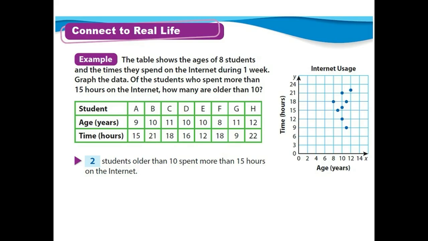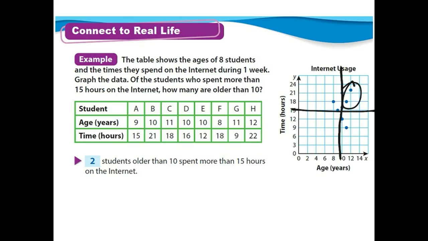So here's the age 10. So of the students that spent more than 15 hours on the internet, well, they'd have to be above here. How many are older than 10? That's where they get it. 2 of them right there. So 2 students older than 10 spent more than 15 hours on the internet.